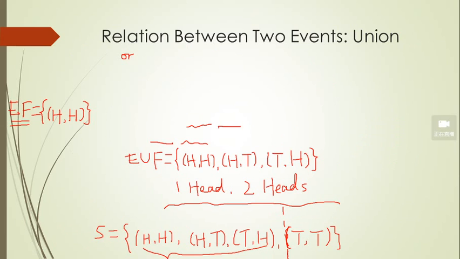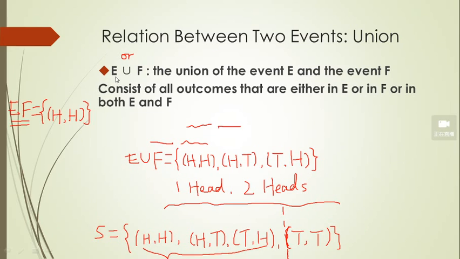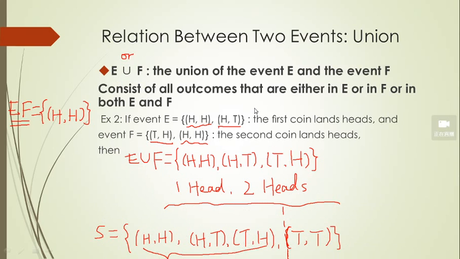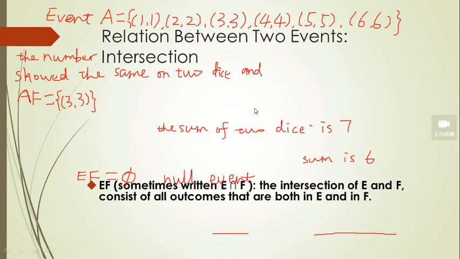And we discussed the relation between two events, union. We read E or F, E union F. That means it consists of all the outcomes that are either in E or in F or in both E and F. So if an outcome occurs in any one of these events, it should be included in E or F. Next one will be the intersection.